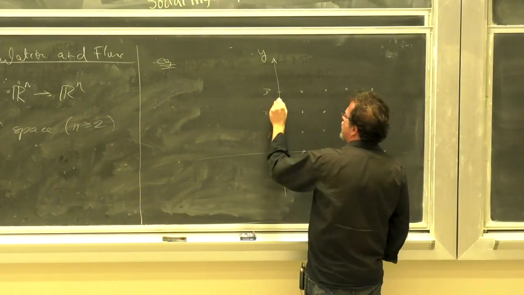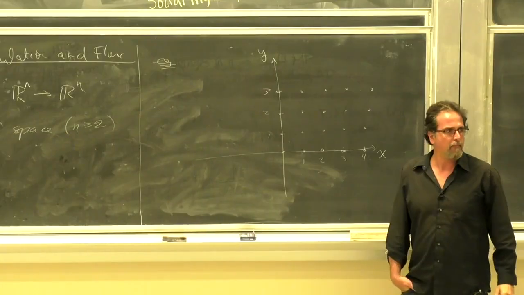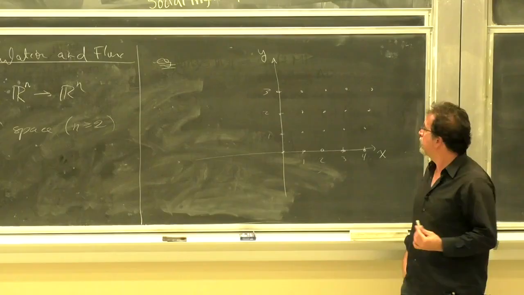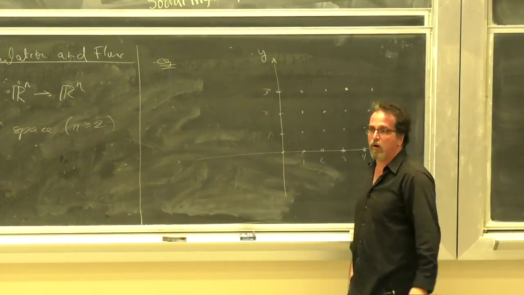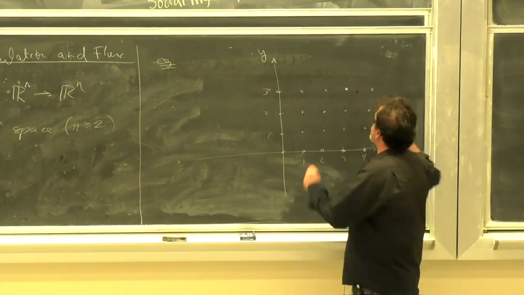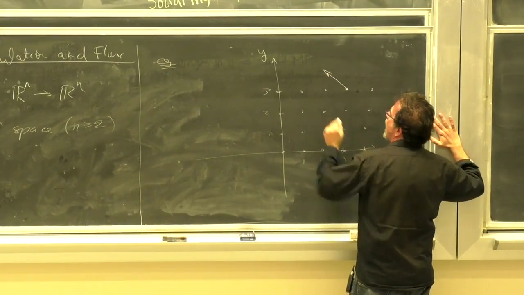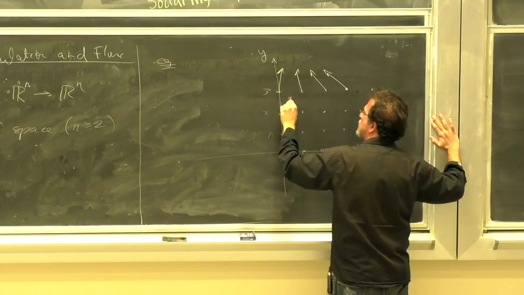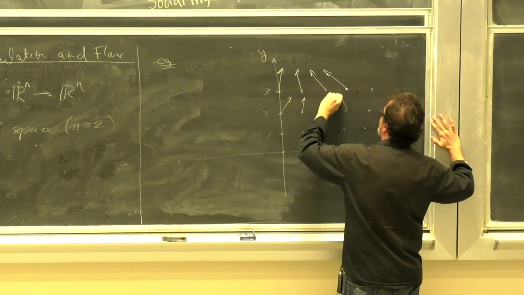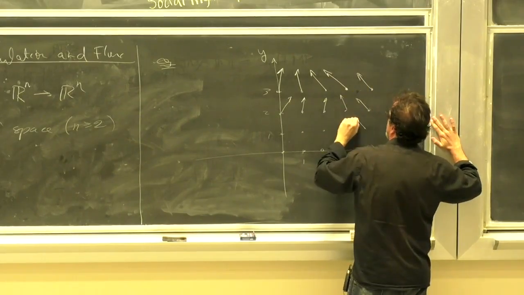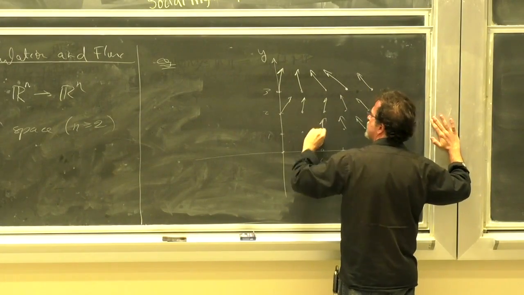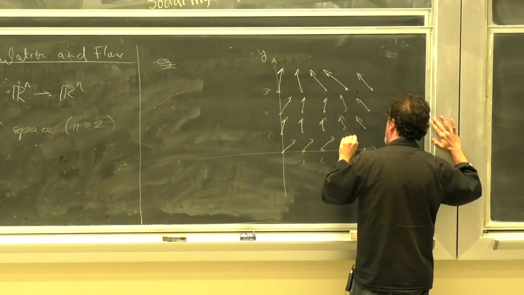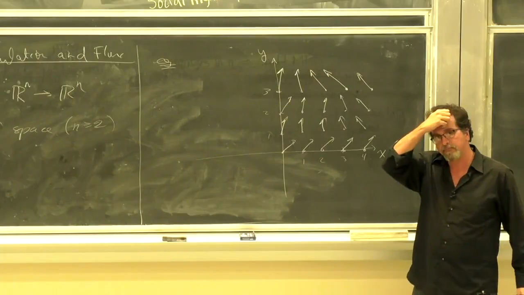So let's imagine gridding our points everywhere. And then at each point, I associate a vector. At this point, say where I'm standing, there's a vector. At this point, there's another vector, and another, and another. So at every point, there's a vector. So just draw this. This is a vector field, or a representation of a vector field. This is how we visualize a vector field.